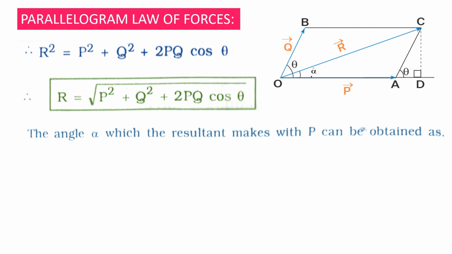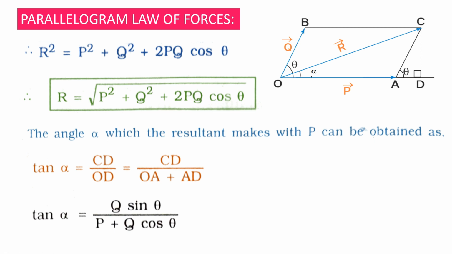The angle alpha which the resultant makes with P can be obtained as follows, using the fundamentals of trigonometry. Tan alpha equals front side upon near side. So the front side is CD and the near side is OD. Now we will put the value of OD equal to OA plus AD.